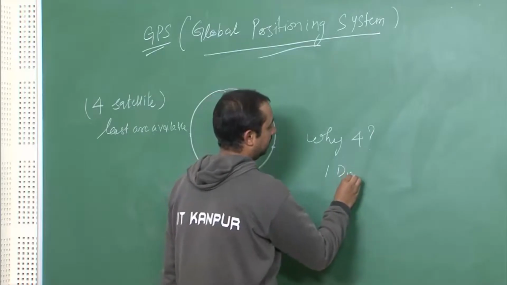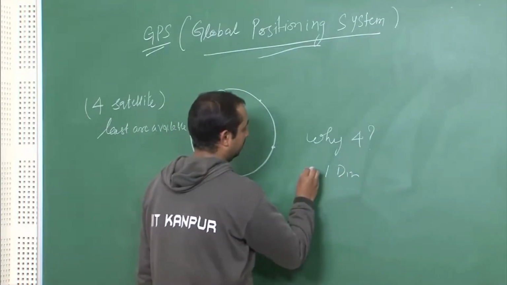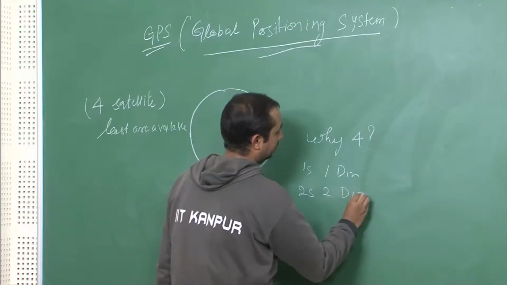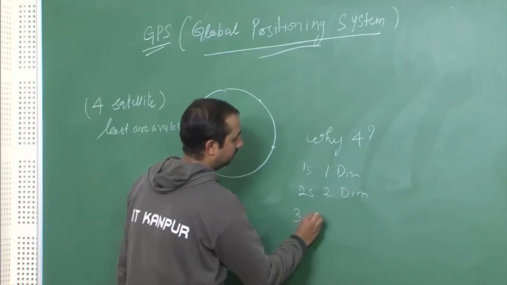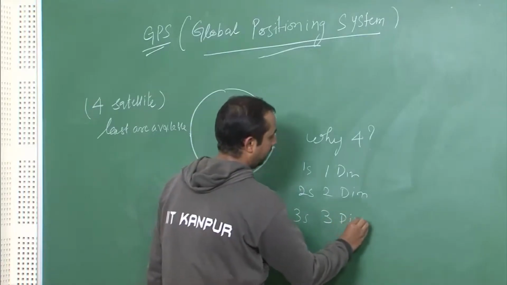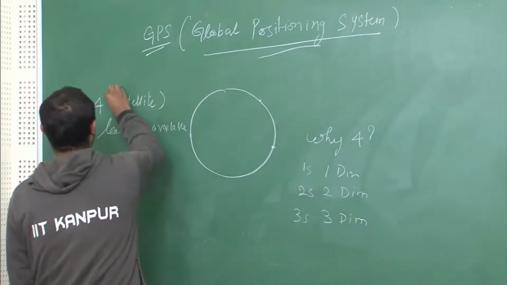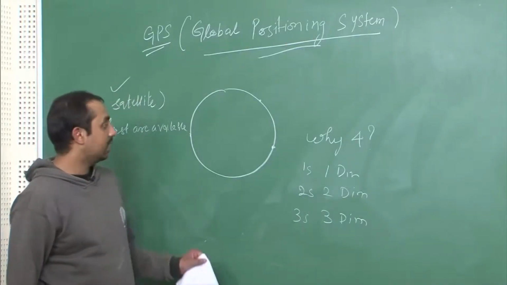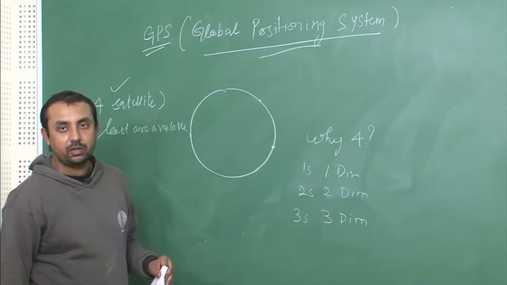So why is this 4th satellite required? We'll be coming to that. First let us understand how GPS accesses a particular point and why these 4 satellites are required. Now the phenomenon which is used to access a particular point is trilateration.